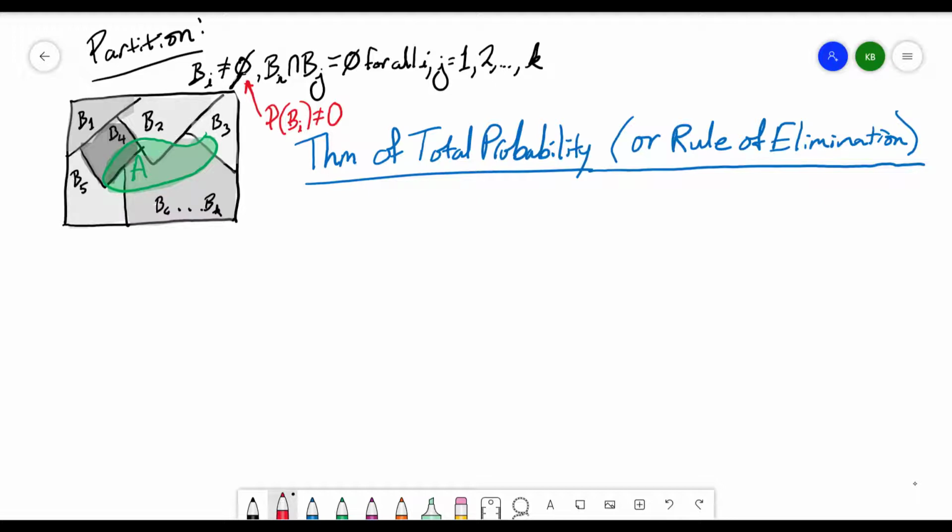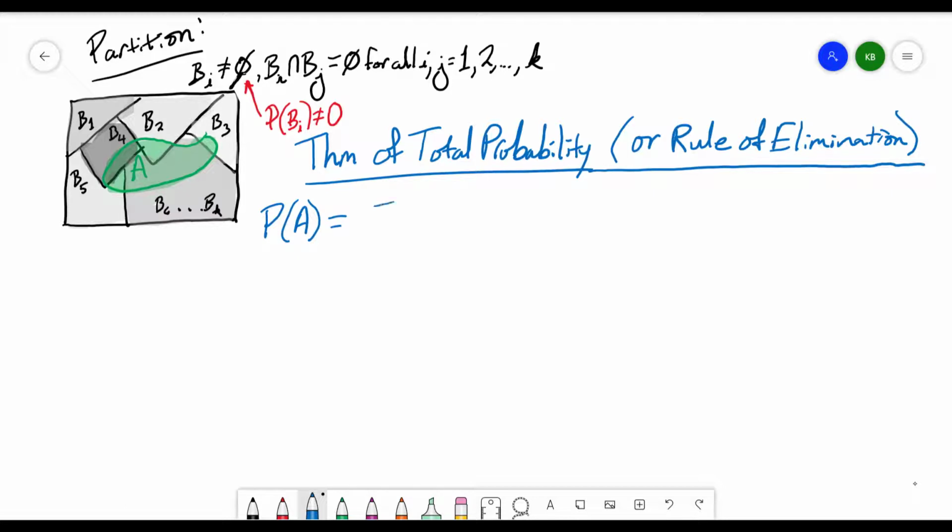So we're going to be able to use that to find the probability of A. So I have this set A of outcomes that I'm interested in the probability of, and I don't know the probability of them.